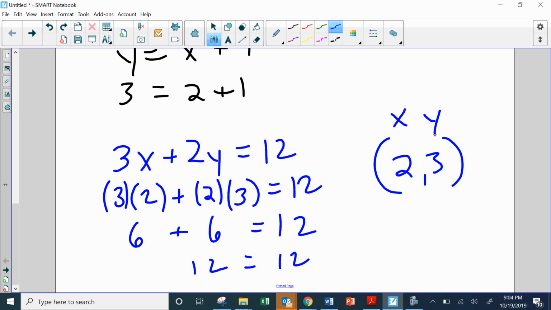The one and only value of x and y that fits and makes both equations true. So that's what we're doing when it says solving a system of equations. We're coming up with that one combination of x and y, that one ordered pair that will work for both equations.